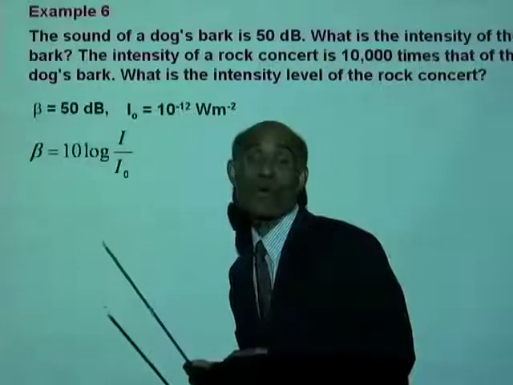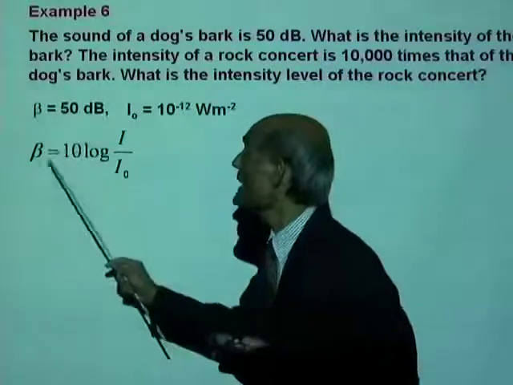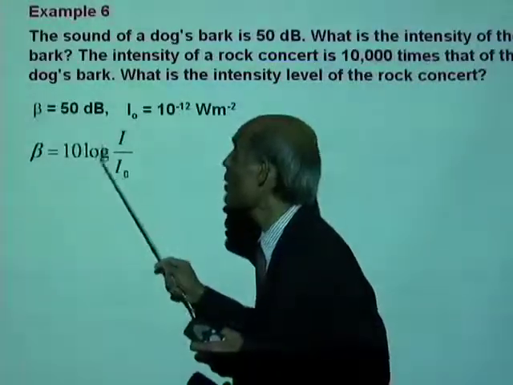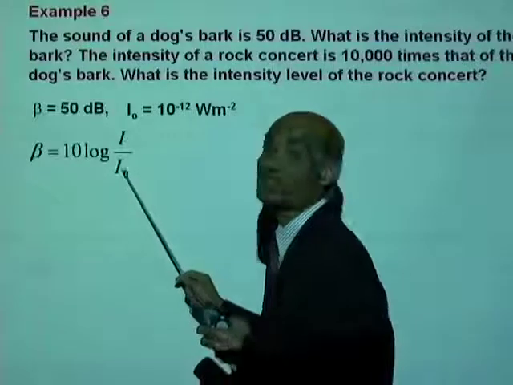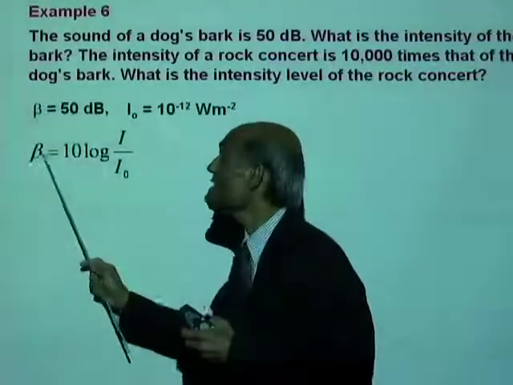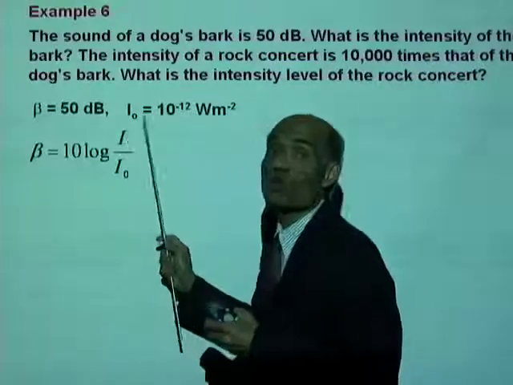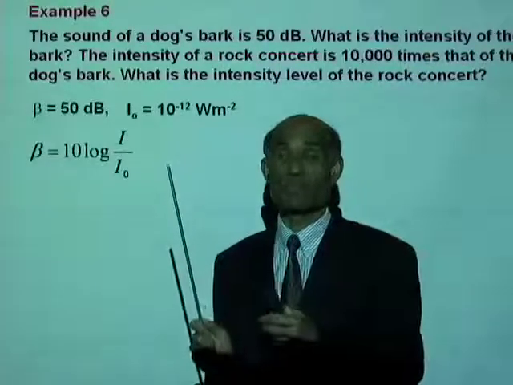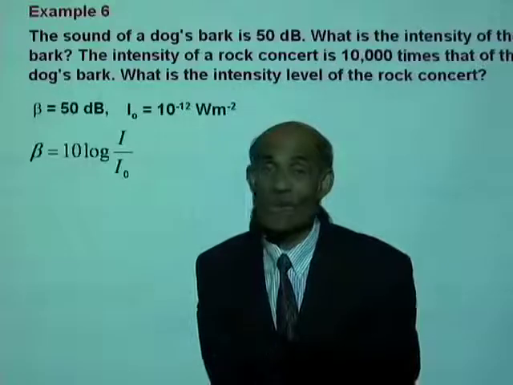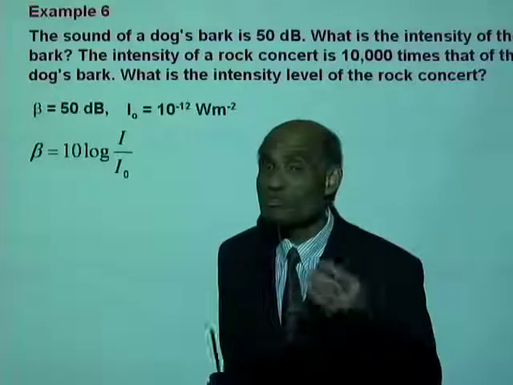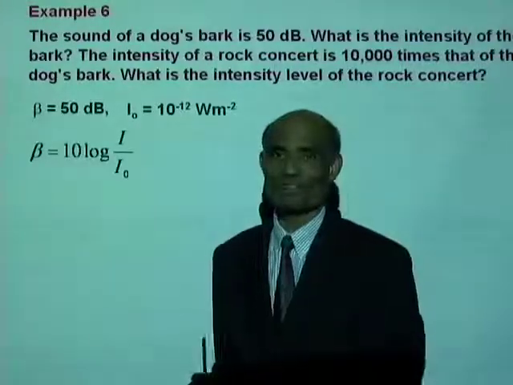And we go to our old equation, beta equal to 10 log I over I0. You know beta, you know I0, we need to solve for I. Well, if you know how to solve a logarithmic equation, which you do in your college algebra.